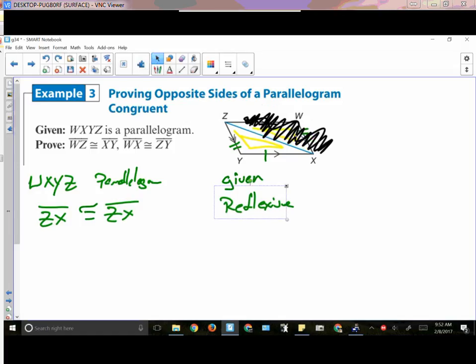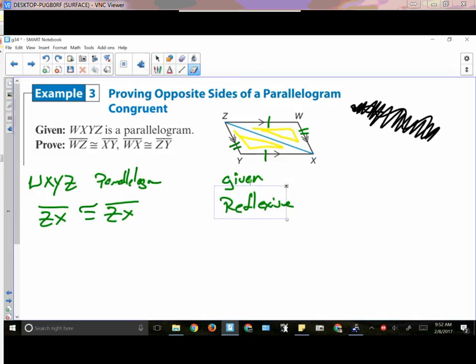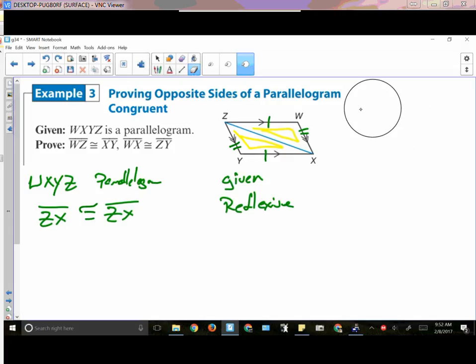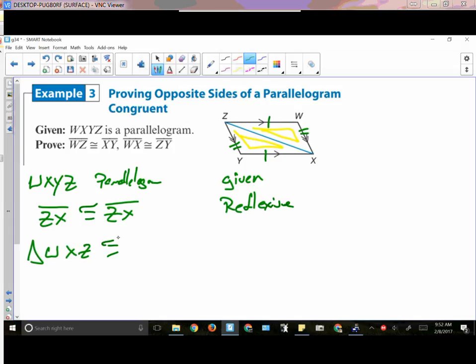If I take that and move it down here and scribble out that one, do I have ZX on another triangle? Yeah. So I have that line on two different triangles. That's why I need to say reflexive, because now I can say that triangle WXZ is congruent to triangle YZX, side, side, side.